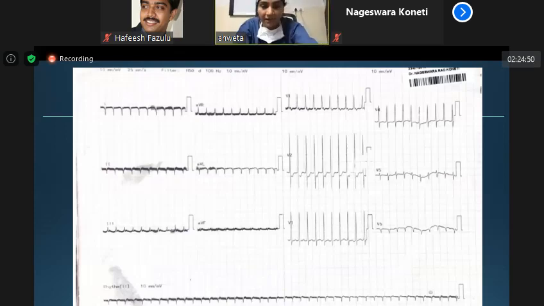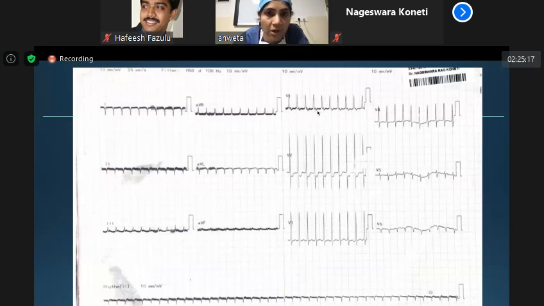For all practical purposes, if you find P waves hidden within the QRS complex, that means it's a short RP tachycardia. Much less than 70 milliseconds is a short RP tachycardia. Towards 70 milliseconds, it becomes a long RP tachycardia. So here you can distinctly see P waves after the R wave.